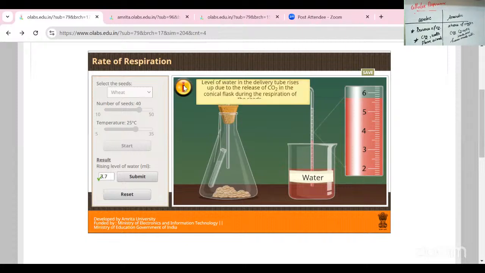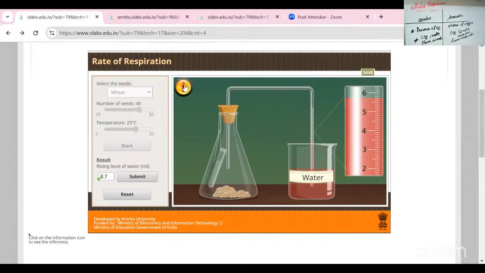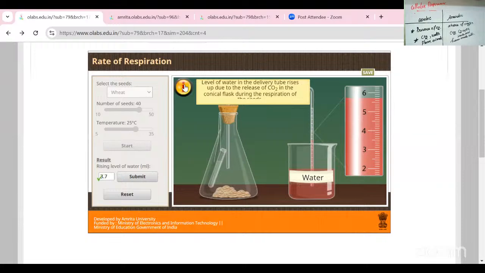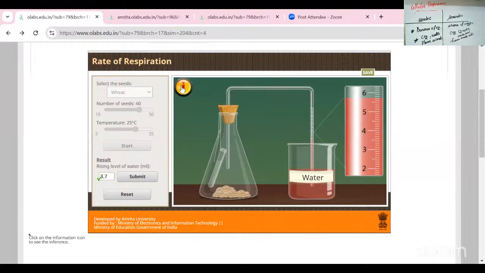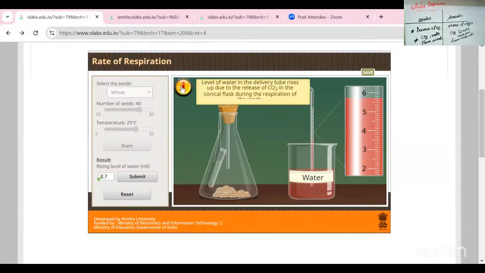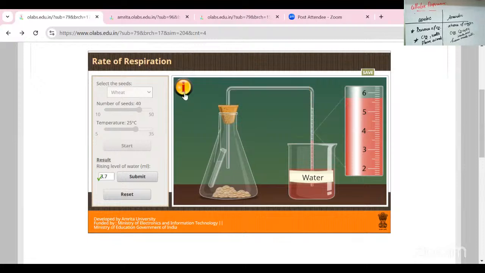The level of water in the delivery tube rises due to the release of carbon dioxide in the conical flask during the respiration process. So during respiration, carbon dioxide is released, and we can identify it with the help of the increasing level of the measurement. Next, I'm choosing the second one.